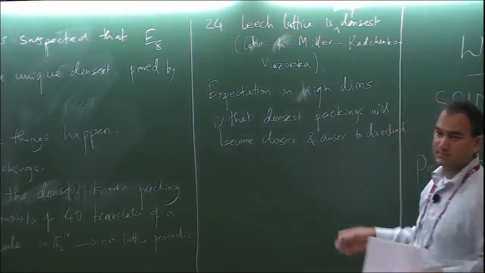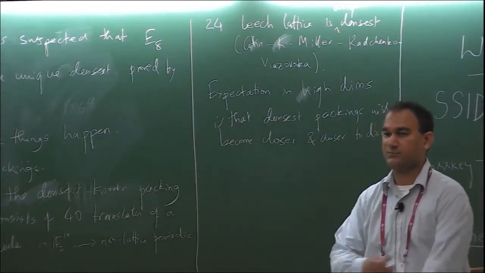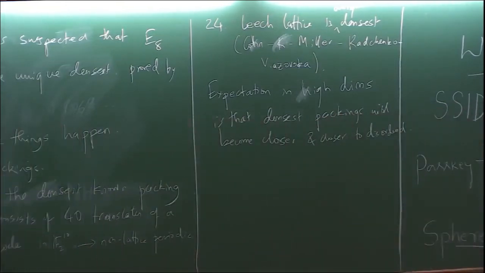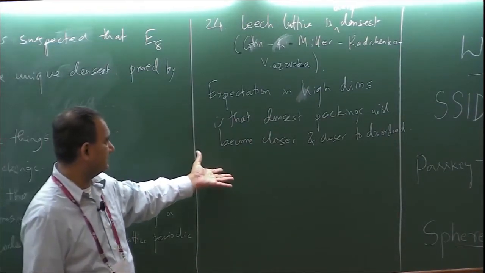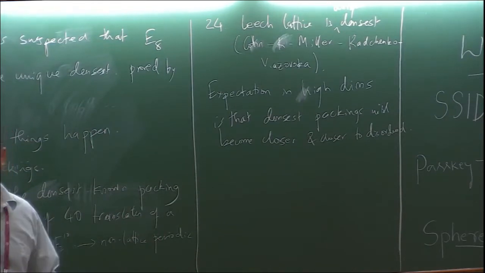The lattice is the most ordered packing you can think of. They're in a regular arrangement, which corresponds to a subgroup of R to the n. The next, less ordered case is a lattice packing with a small number of translates. Things become more and more disordered: either you get periodic packings with larger and larger numbers of translates, or you might get completely aperiodic packings.